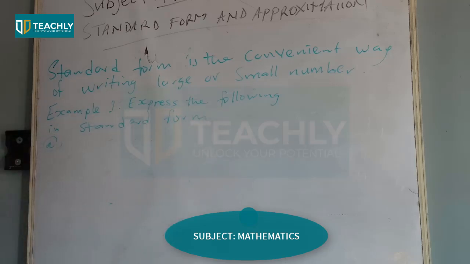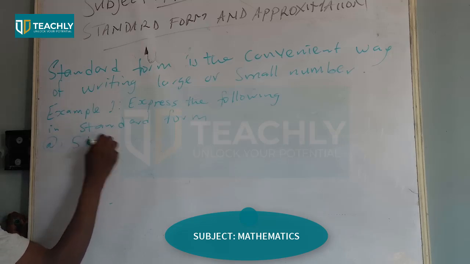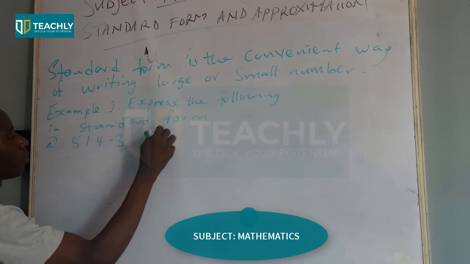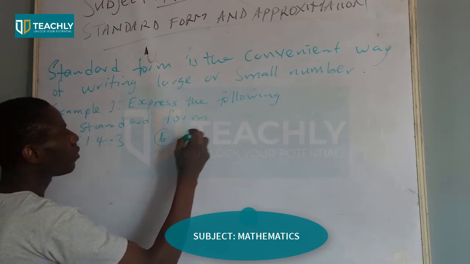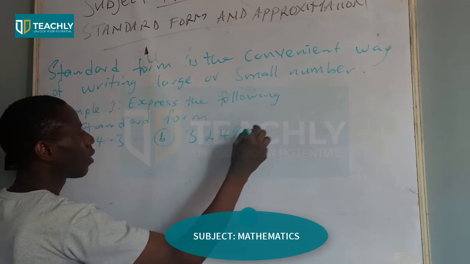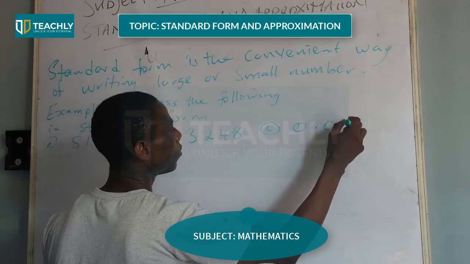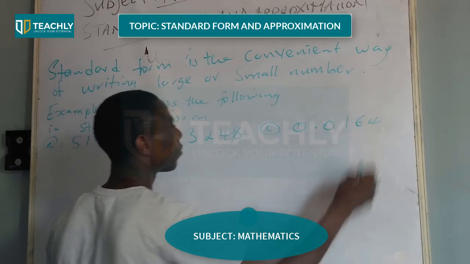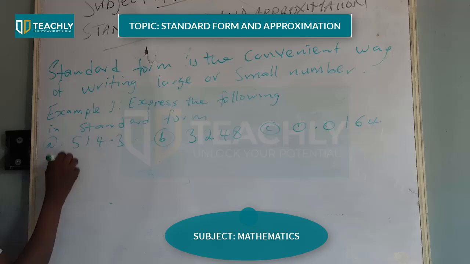A, we have 514.3. B, we have 3248, and C, we have 0.0164. So how do we express them in standard form? Let's look at the first one.